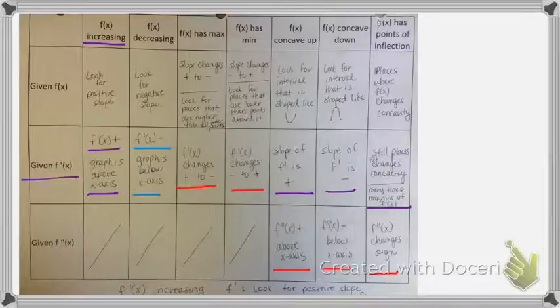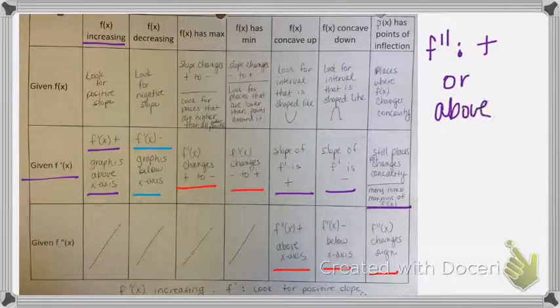If it asks you about f prime increasing, that's wanting to know if you're looking at f prime, if that graph is going up, you're looking at a positive slope, and it looks like I cut off the other part. It's supposed to say that if you're looking at f double prime, it would be positive or above the x-axis.